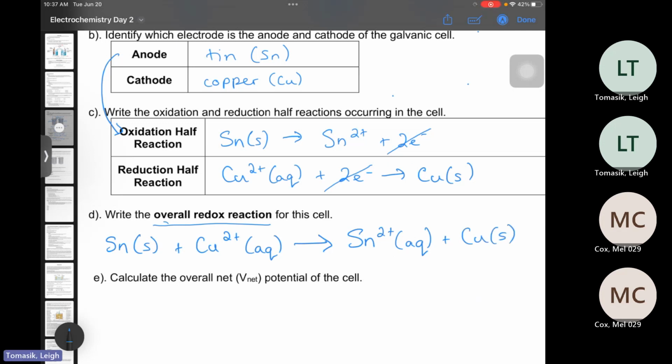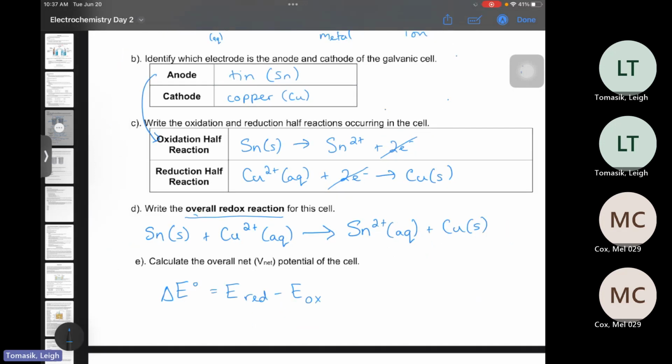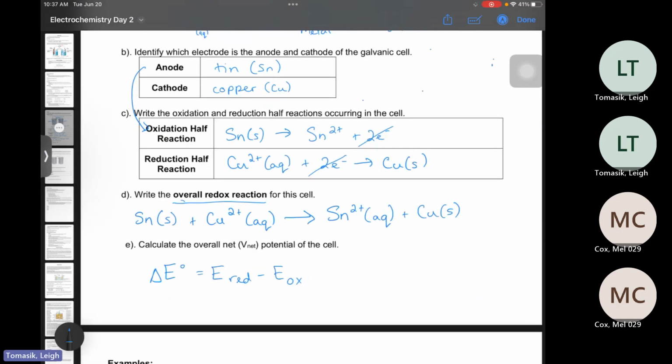From the after arrow, and then we're going to do the electrical potential, right? So that's the reduction potential minus the oxidation potential, right? So let's do that, shall we?